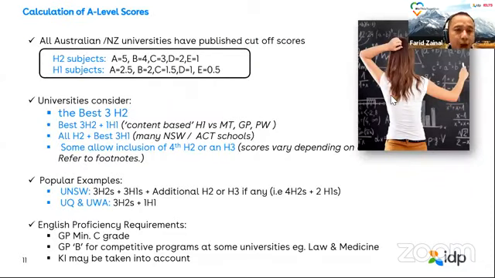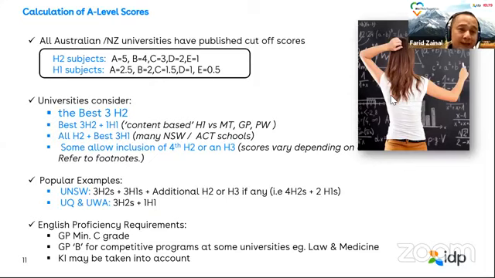So with that, I'll touch on some very useful information, especially for students attempting the A-levels: how are the A-level results computed? A-level students will be aware that you would have attempted a number of H2 subjects and H1 subjects.